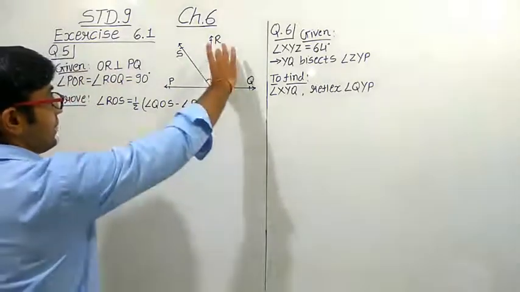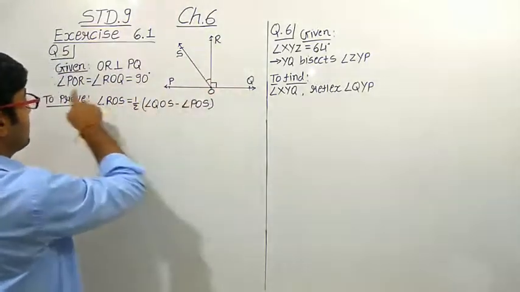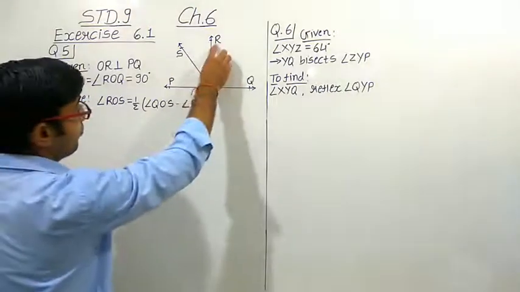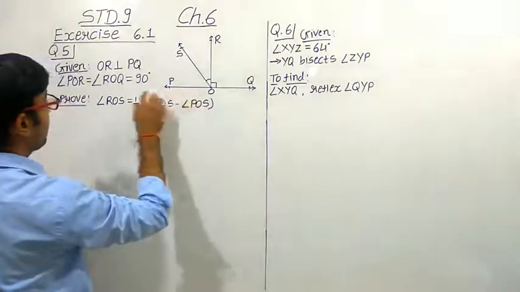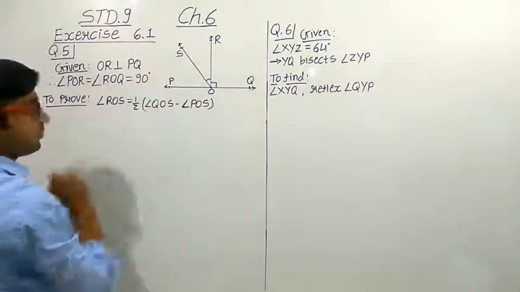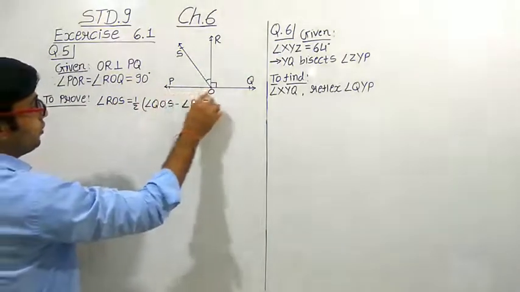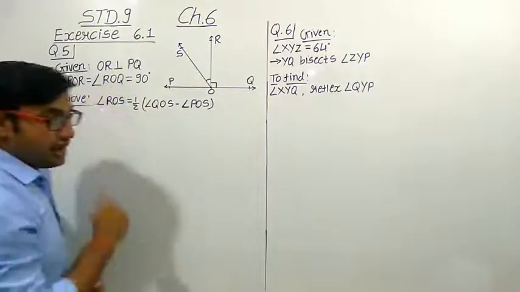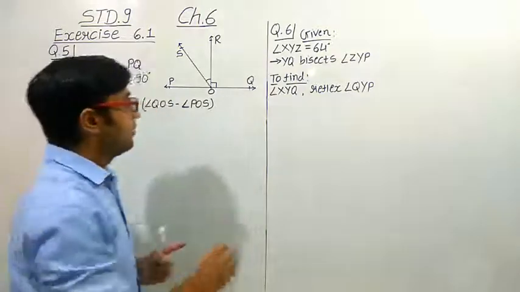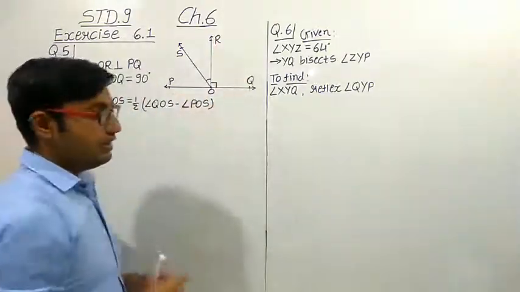Whenever this is perpendicular to this line, we can say that the two angles so formed, angle ROQ and ROP, both are of 90 degrees. So POR and ROQ, both angles are of the same value and that is 90 degrees. Why? Because OR is perpendicular to line PQ.